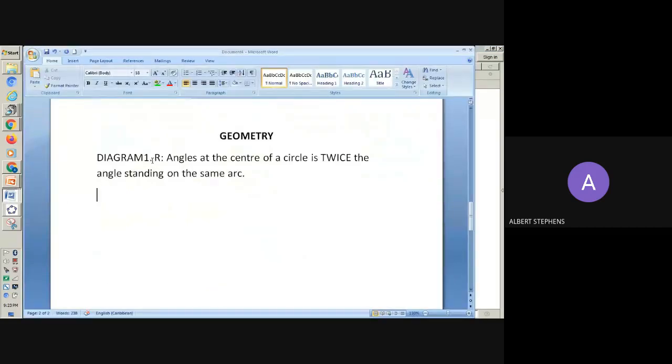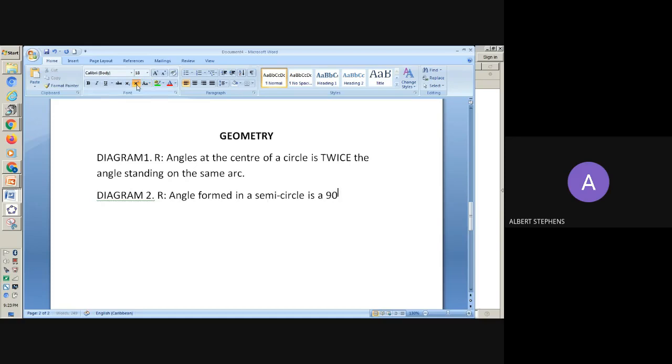So you'd say for diagram 2, you'd say for the reason: angle formed in a semicircle is, let me say, 90 degrees.